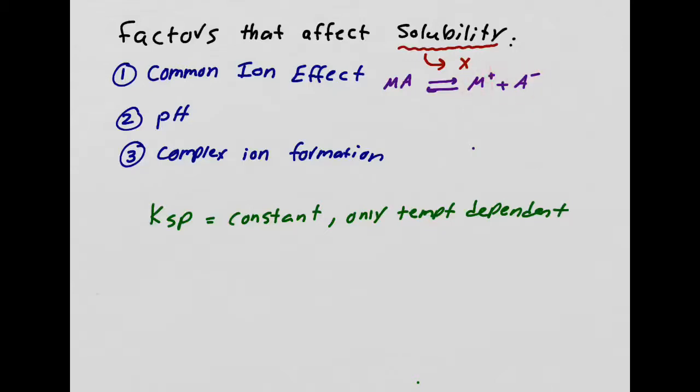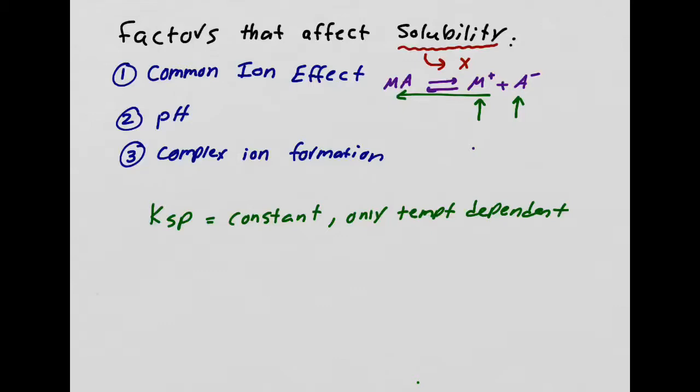Now, you know Le Chatelier's principle: if I add any of these two ions to this reaction, where would the reaction shift to balance the equilibrium? It would shift to the left. Exactly. So if I add any of these common ions to my reaction, it would have to adjust to reach equilibrium, so it would shift to the left.